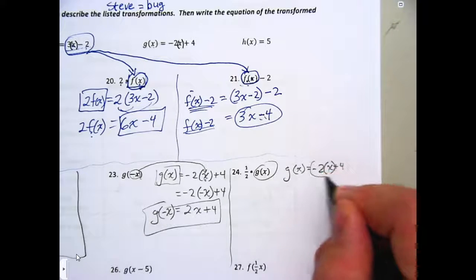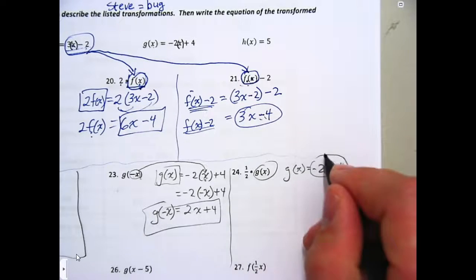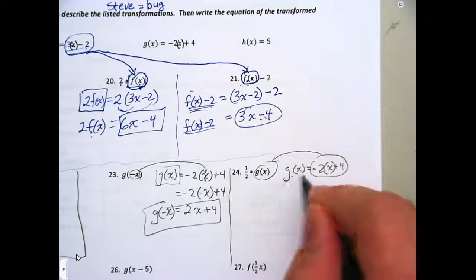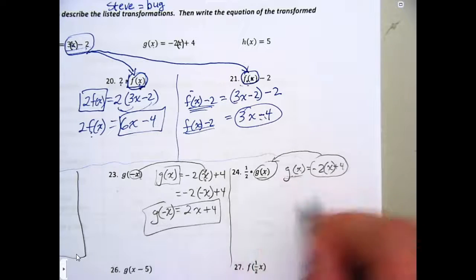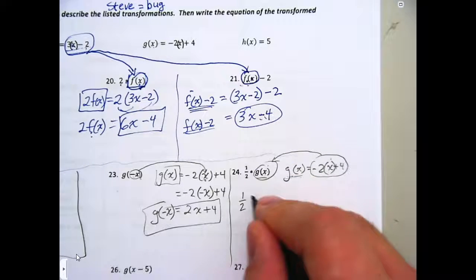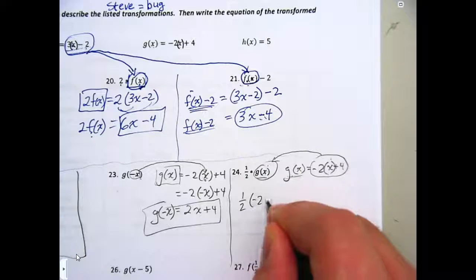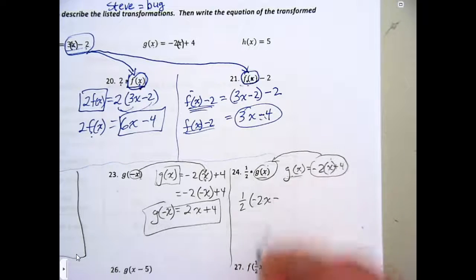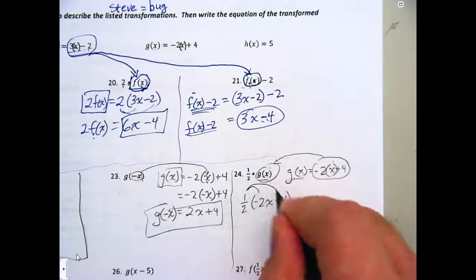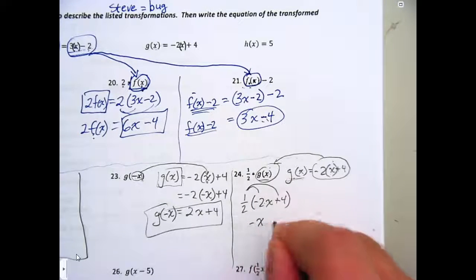So this time we're replacing this g of x with that. This g of x and that g of x are the same thing, so we can plug that in right there. So we have 1/2 times negative 2x plus 4. Distribute, we get negative x plus 2.